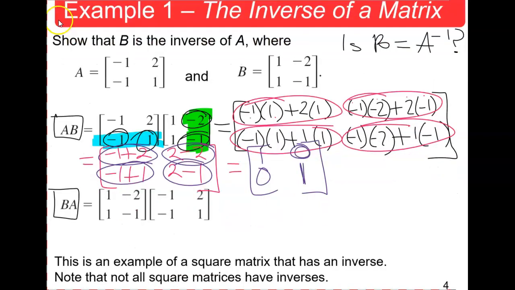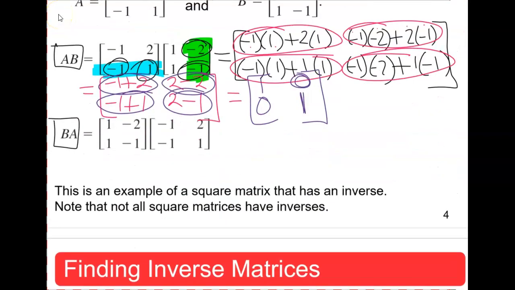And so that will be the answer. Now let's do the next multiplication, because multiplication with matrices is not commutative. So we need to verify the multiplication in both directions, AB and BA.